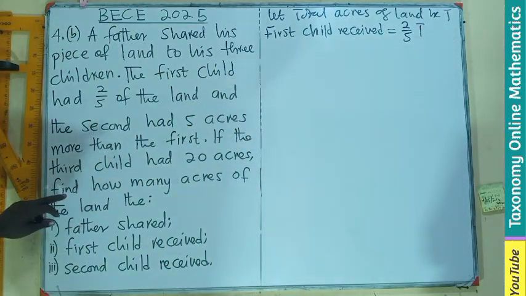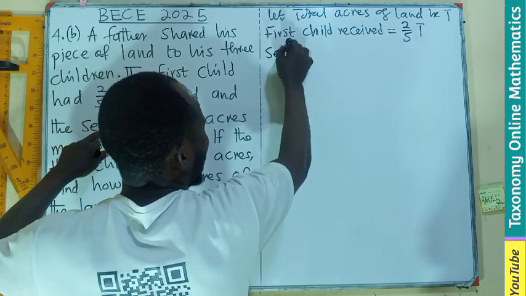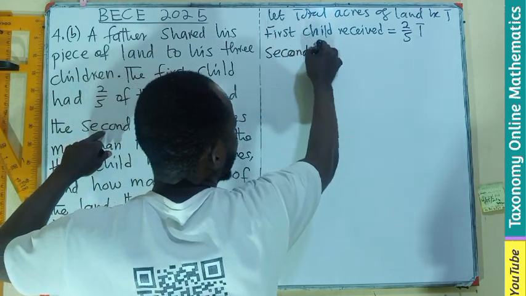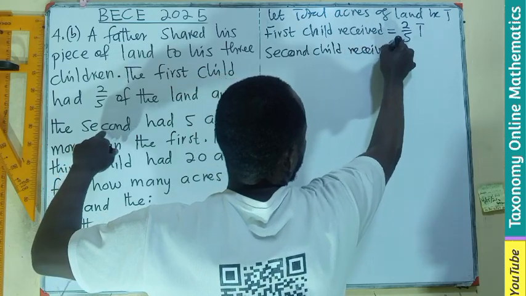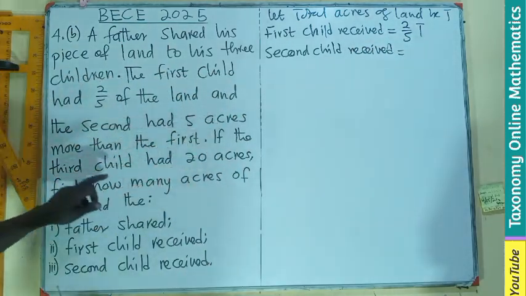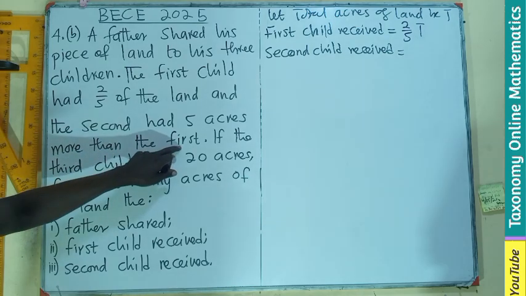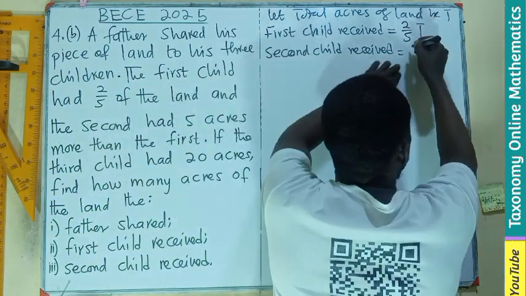Then let's go for the second child. Second child is receiving 5 more acres than what the first child received. The first child received this, 5 more meaning 5 added to this.